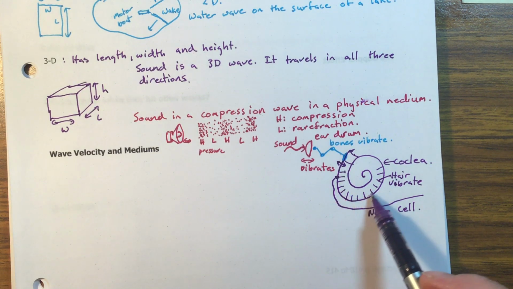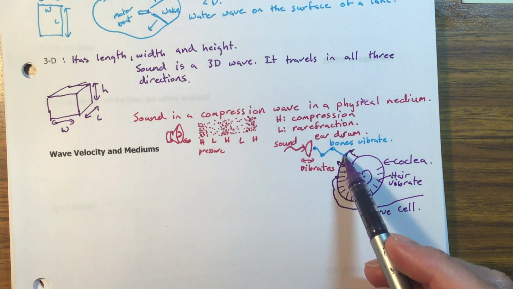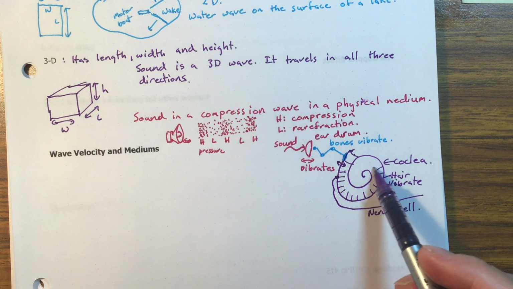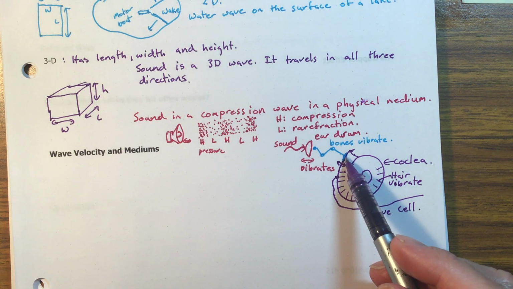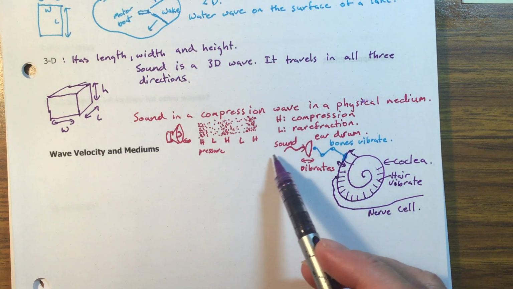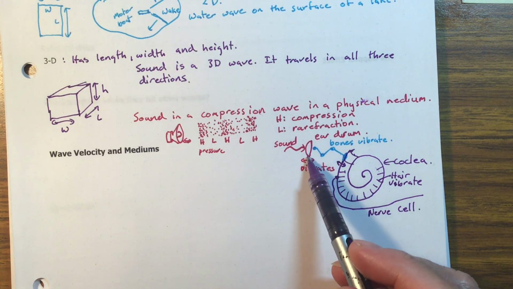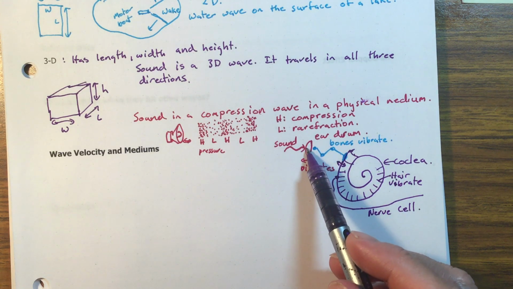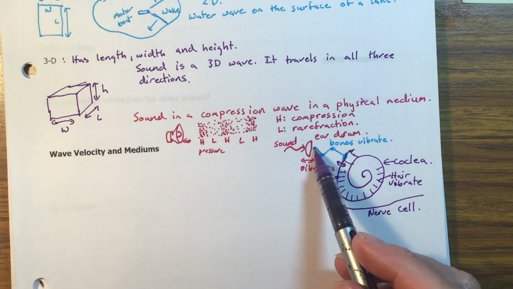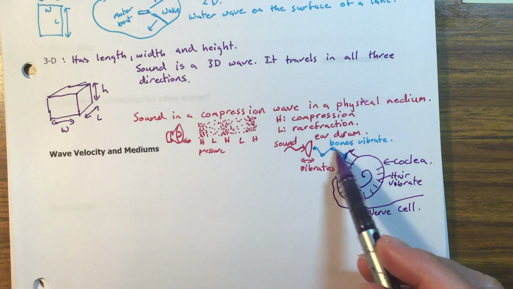Now, the different hairs will start to activate at different times depending on the frequency that it's being pushed on. Okay, so you've got the sound pushing on your eardrum, your tympanic membrane, which then vibrates. That vibration causes vibration in these bones.